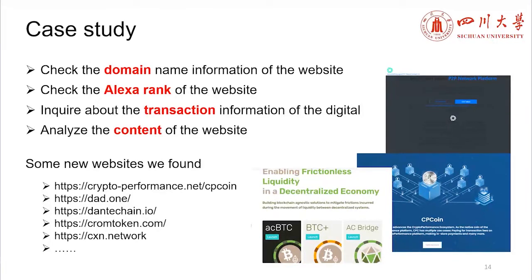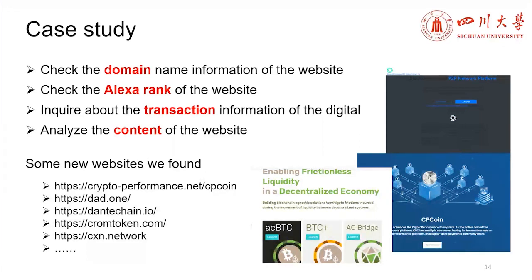As mentioned in question 3, how to improve the effectiveness of the results. So, we conducted a case study. To verify the accuracy of the identified websites, we conducted manual case analysis on 2,498 digital currency fraud websites detected by our model.